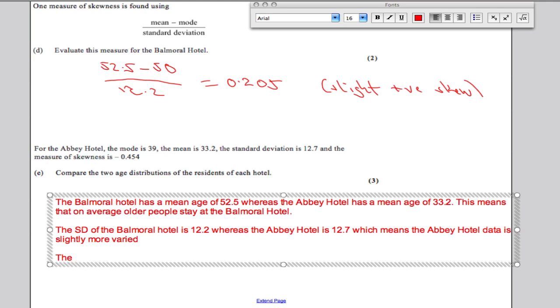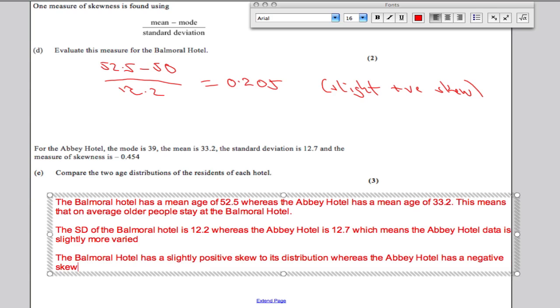The Balmoral Hotel has a slightly positive skew to its distribution, whereas the Abbey Hotel has a negative skew. And there should be enough there to get you all 3 marks.